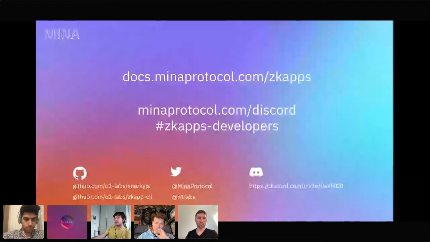Yeah, maybe this is also one good example for another question, which is how do we get to contribute to the Mina ecosystem? So I think a great way to contribute is to start building on SnarkyJS.